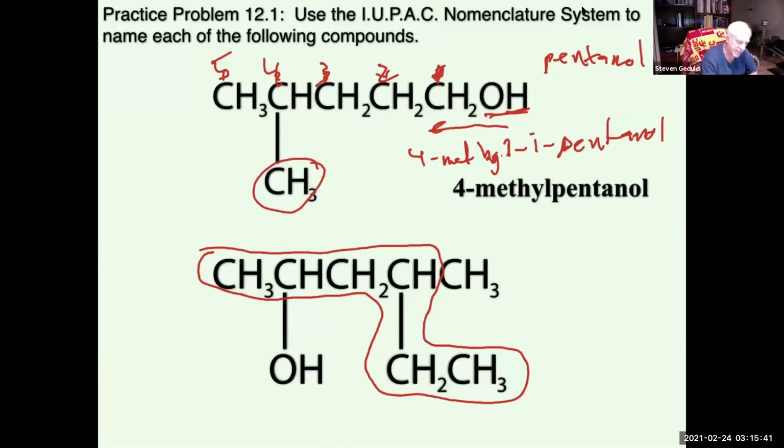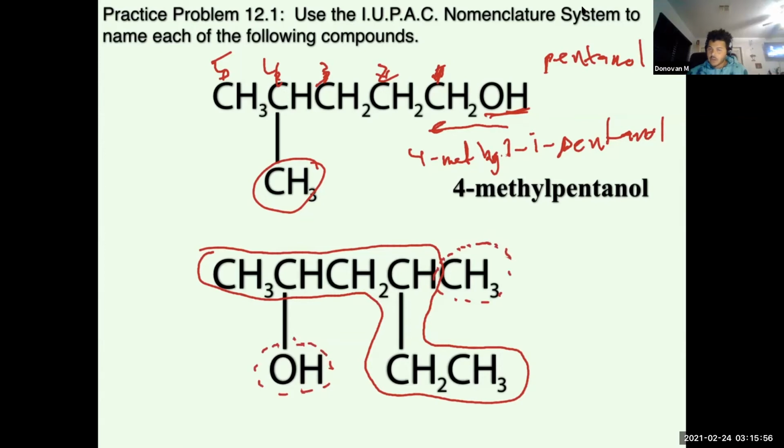So we have an attachment here and our functional group here. Are we going to start numbering from the left side or the right side? Left. Perfect, that gives the lowest possible number to your OH group. 1, 2, 3, 4, 5, 6.